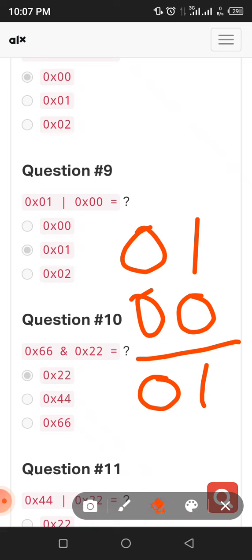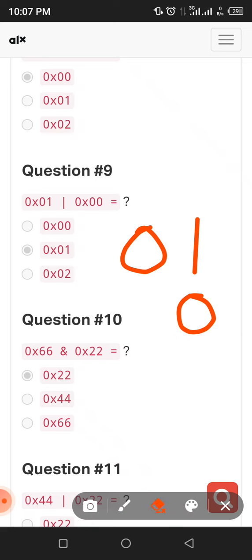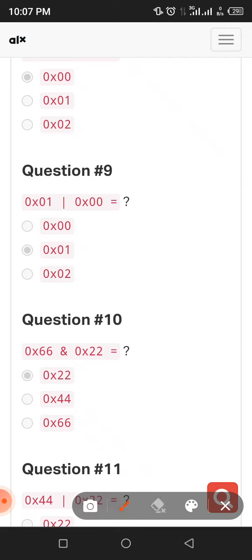Then for question number 10, we have 0x66 and 0x22. Okay, so we are going to be a bit logical with this. We're going to be spreading this out, 66 and 22. So 6 in binary stands for what? It's going to be 0, 1, 1, 0. That's 6 in binary. You get that? I'm going to use it vertically this way, so you understand what I'm talking about.